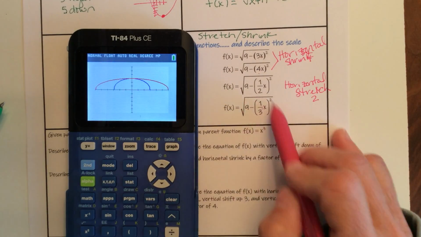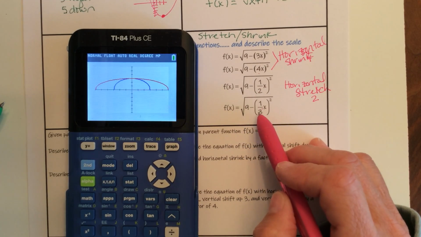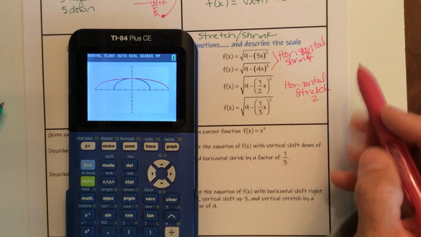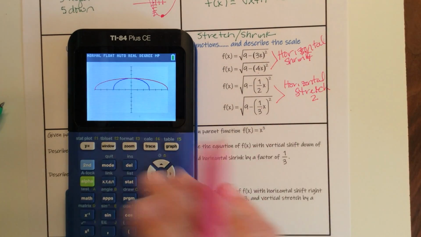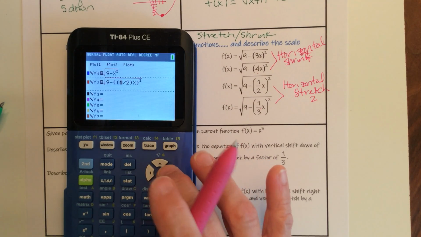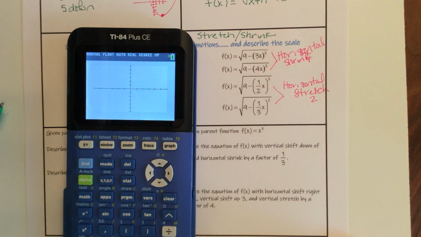And that is true for all of these values. And so likewise, f of x equals the square root of 9 minus 1/3 x all squared is going to be a horizontal stretch by a factor of 3. And so if I go back in, I'm actually going to not retype this whole thing, I will change that denominator to a 3, and I will graph.